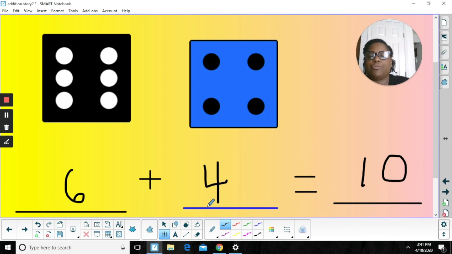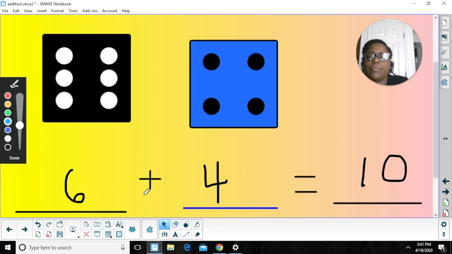So let's go back and read this addition sentence, okay? 6 plus 4 equals 10. If you recall, this plus sign means what? We're going to add groups of objects together, right?